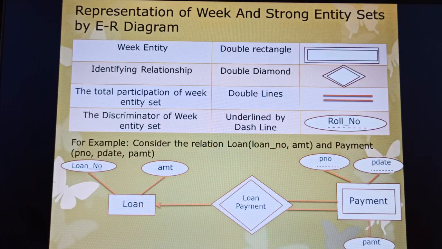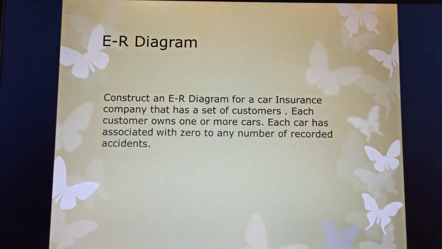Here, the discriminators, known as payment number, payment date, payment amount, are represented using dashed underlines. Here loan number and amount are attributes of the loan entity, which is a strong entity set. This is all about weak entity and strong entity sets.